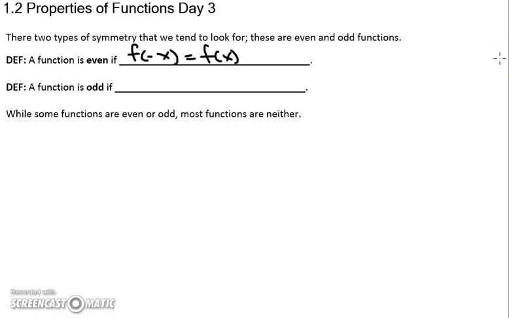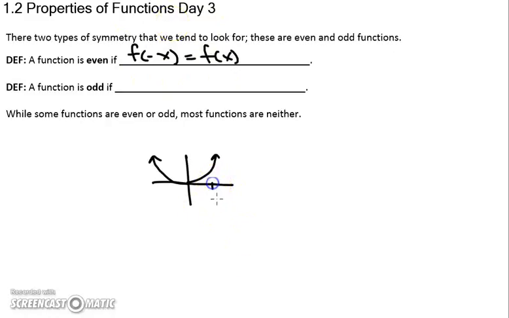If we were to look at it on a graph, even functions are symmetric about the y-axis. So things like a parabola that are symmetric about the y-axis are even. And you can kind of see this idea in that symmetry.